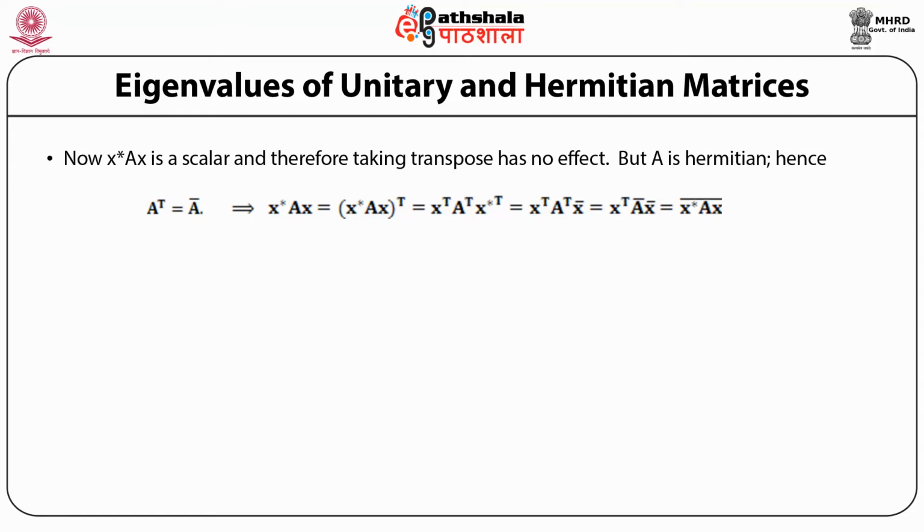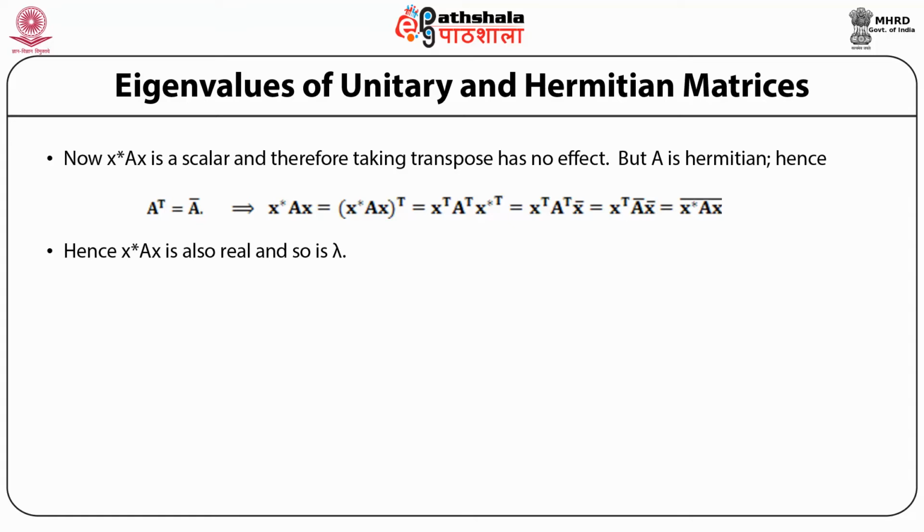This can be written as x transpose into A transpose into x bar, which can be simplified to give x transpose into A bar into x bar, which is equal to x star into Ax on the whole bar. Hence, x star Ax is also real, and so is lambda.